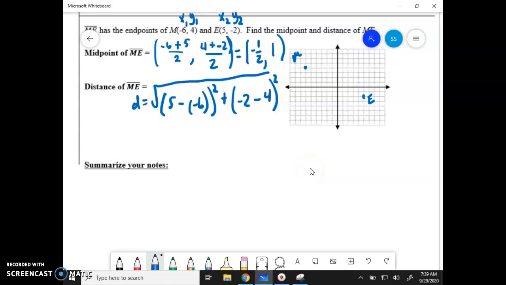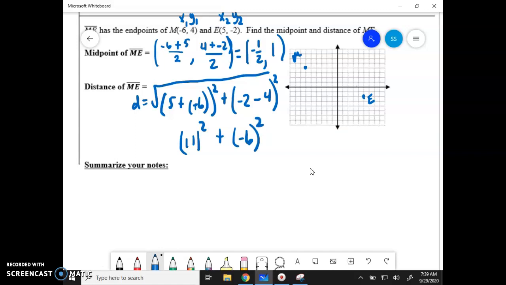And we could probably type this whole thing into the calculator, but I'm just going to simplify underneath and then take the square root. So 5 plus -6, I'm going to change this to positive. So 5 plus 6 is 11 squared. Don't forget that. Plus -2 minus 4 is -6. Square it.